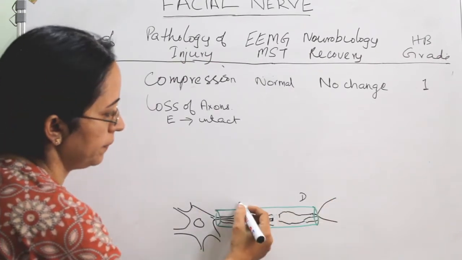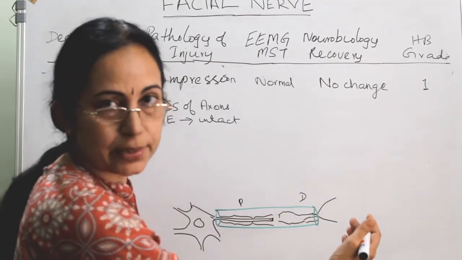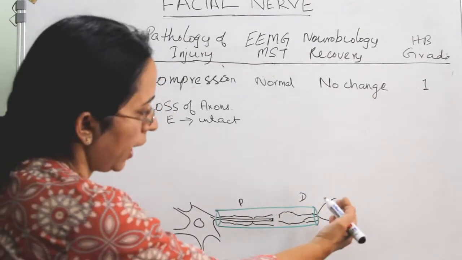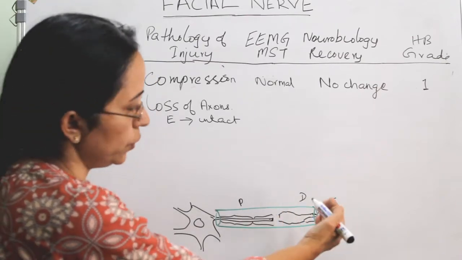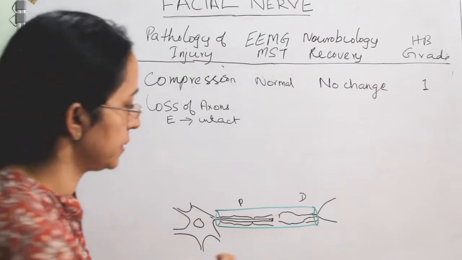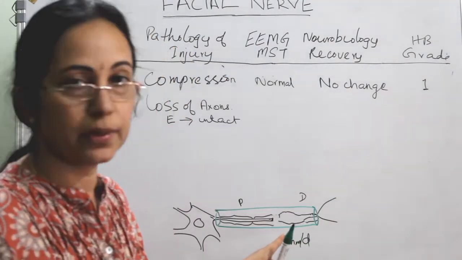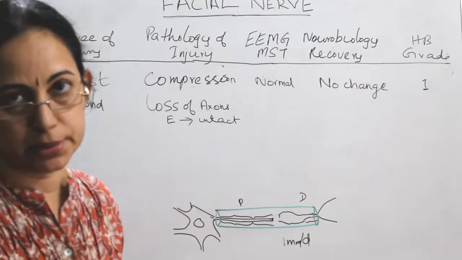This is distal and this is proximal. So from the site of trauma, axons will grow into the neural tube at a rate of 1 millimeter per day.